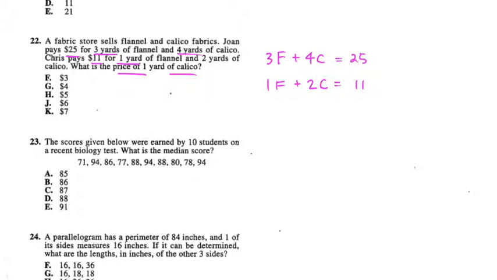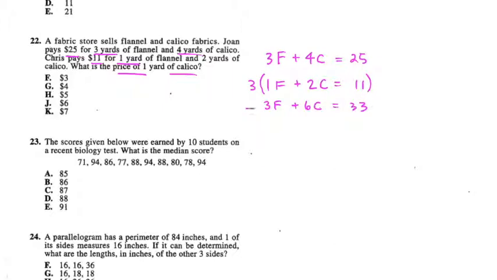So what we can do is solve for C here. We can either do substitution or elimination. If we're going to do elimination, we want to get rid of the F's so that we can have the C's. So what I will do is multiply everything here by 3. That'll be 3F plus 6C equals 33.